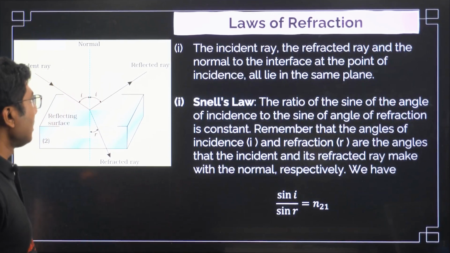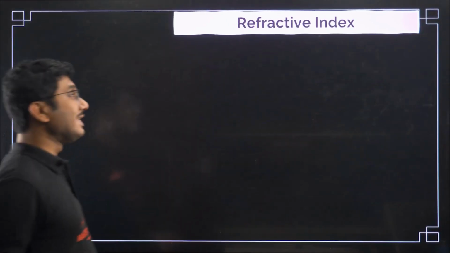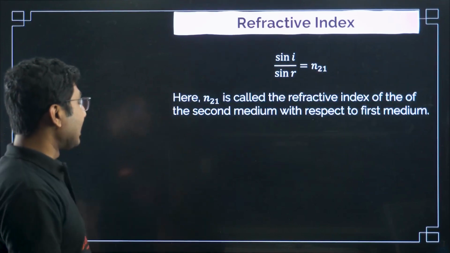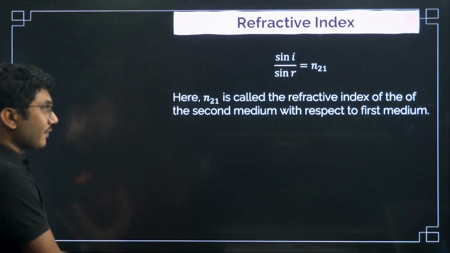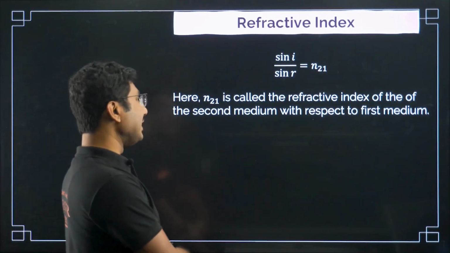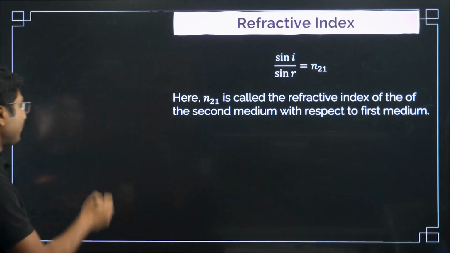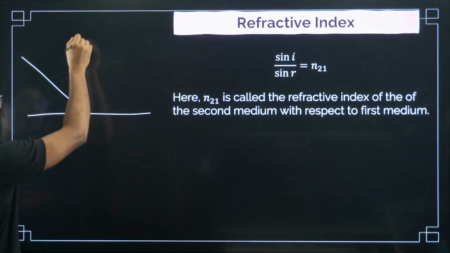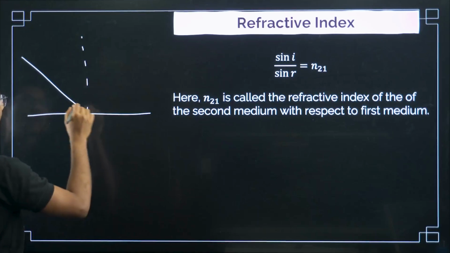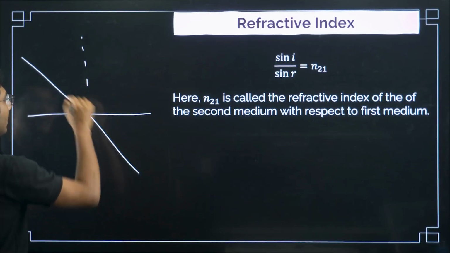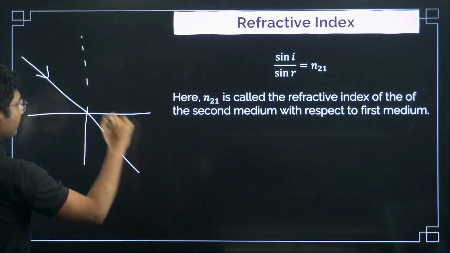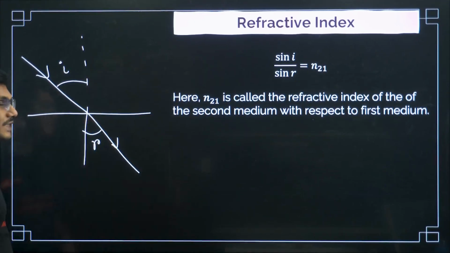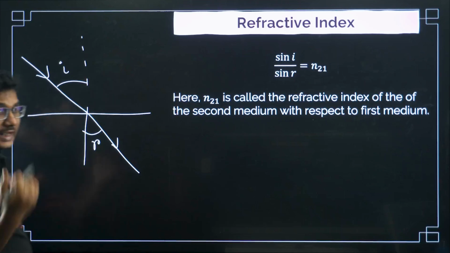Now let's dive into detail about that constant. Here N21 is called the refractive index of the second medium with respect to the first medium. If you remember, here we had light falling. Let me draw this diagram in a simplified way. This is I, this is R, and sin I by sin R is constant.